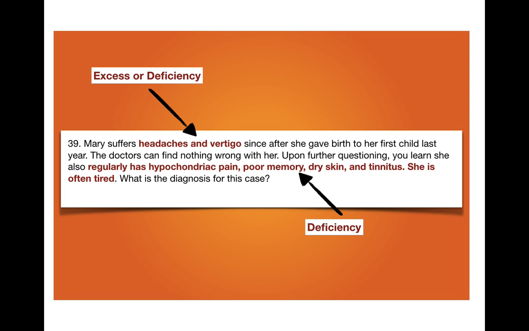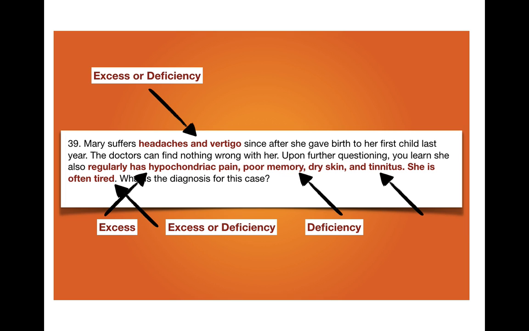We see them with blood deficiency, we mentioned, and also yin deficiency, as we had looked at earlier. Then we have hypochondriac pain. Hypochondriac pain always refers to liver. It's always excess. Now, if it said dull pain, that might be deficiency, but hypochondriac pain is always an excess condition. Then we have tiredness, and tiredness can be excess or deficiency, and tinnitus can be excess and deficiency.